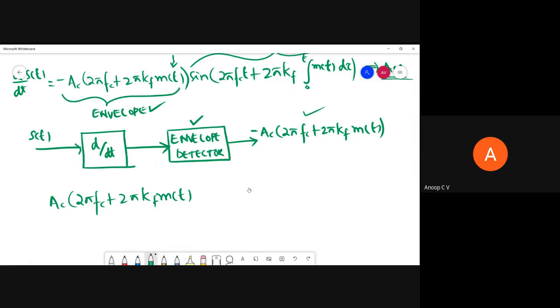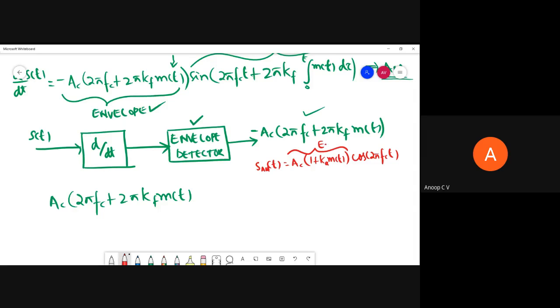Does anyone remember the time domain expression for standard AM? Let me write it here: s_AM(t) equals A_c times (1 plus k_a m(t)) cos 2π f_c t. Here this part is our envelope, and this is our sinusoid.